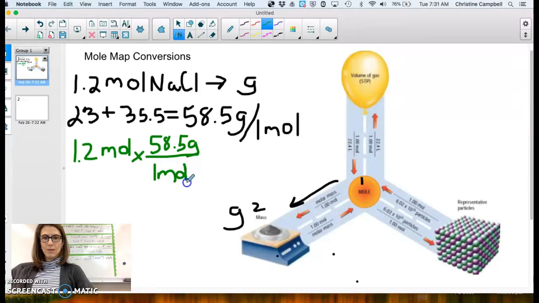And if you have it set up correctly, your units will cancel. And then you just do the math. So 1.2 times 58.5, and we get 70.2 grams of NaCl.